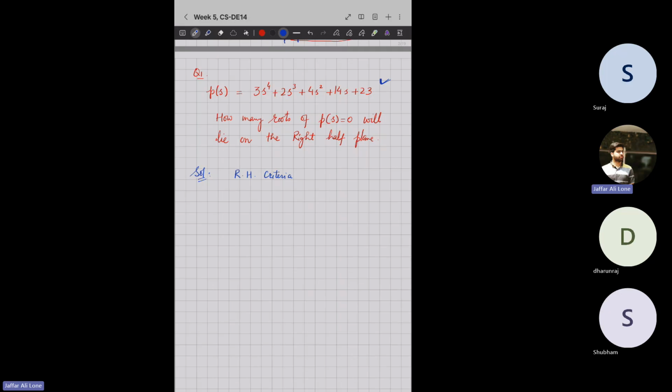This is just the polynomial, but when we are solving transfer function based questions, this will be your characteristic equation. So assume this is your characteristic equation, right? Because when you solve, you basically find the roots of the characteristic equation.